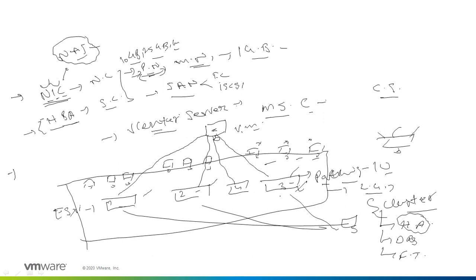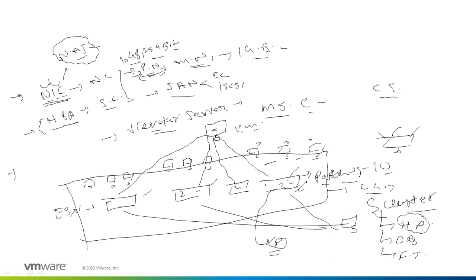If we want to do some maintenance activity for any of the hosts, say for the time being I want to apply a patch, during the patch this host is considered down, in the sense that we cannot keep running the virtual machines on this particular host during the maintenance activity.